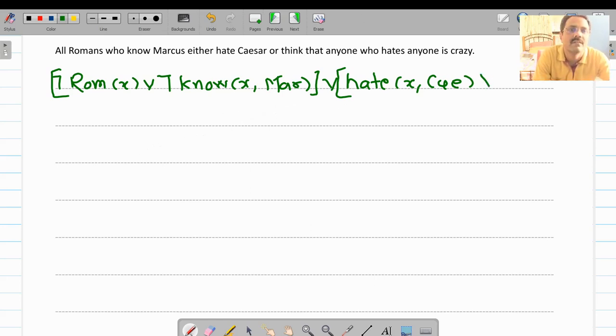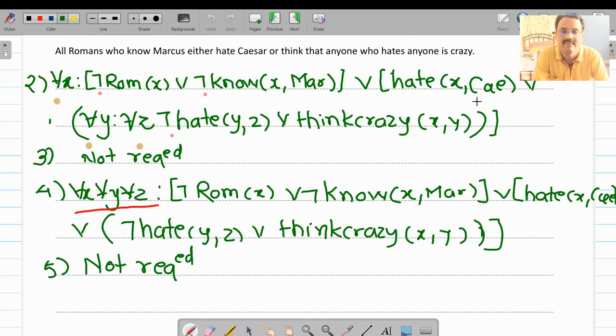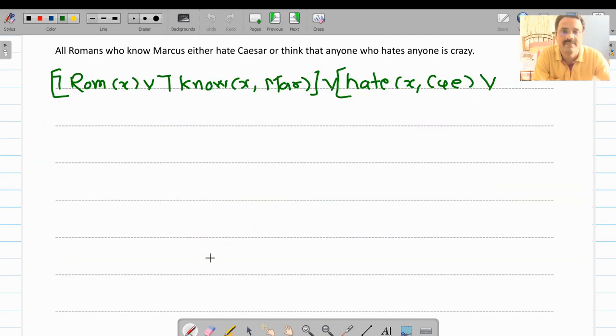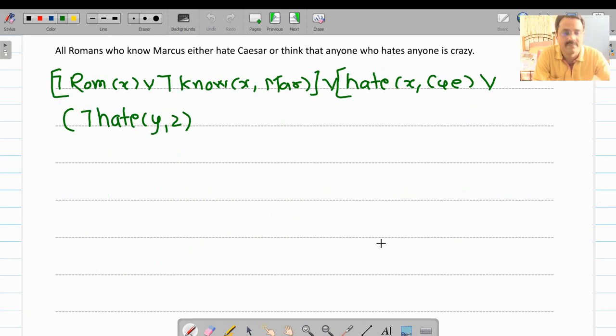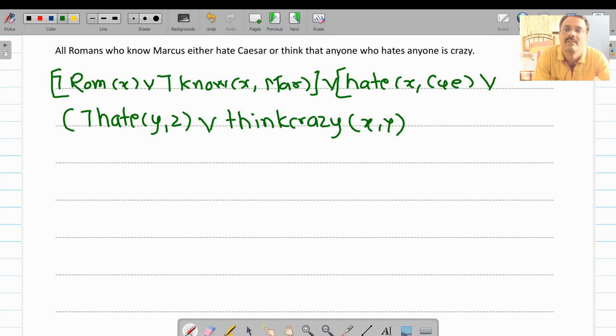Or, in the round bracket now, not hate y z, right on another line, not hate y z, or think crazy x comma y, or think crazy x comma y.